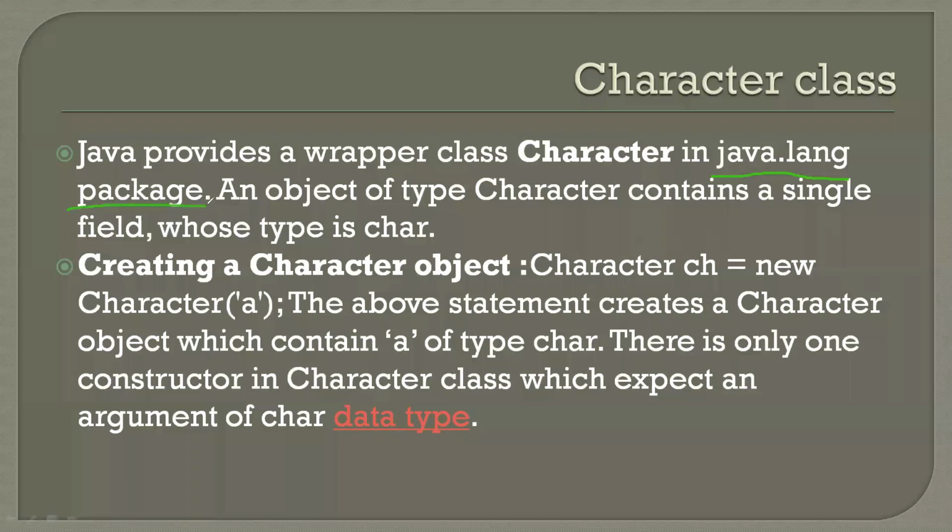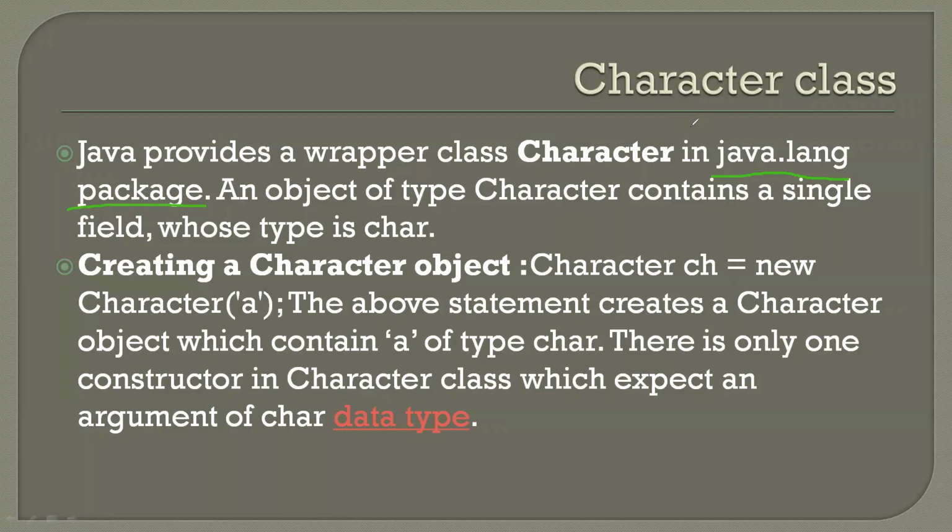So we all know the Java programming language consists of multiple packages. Among all those packages, the lang package is one of them, and it is also called the default package in Java. Default package in the sense that whether we import it or not, it will be included in the program automatically by the JVM. So this lang package consists of many classes.